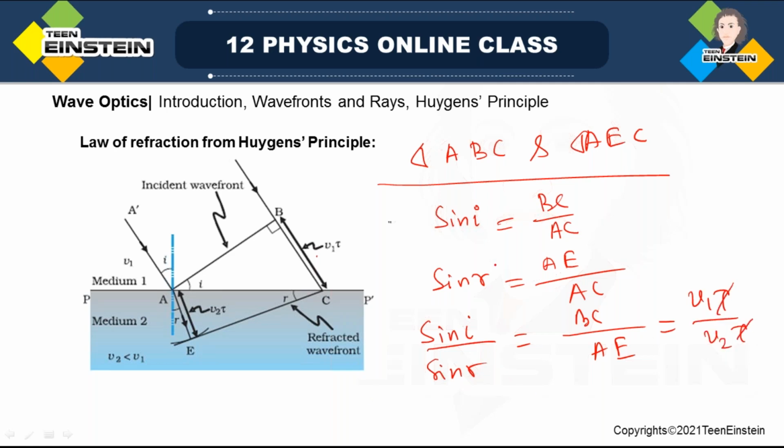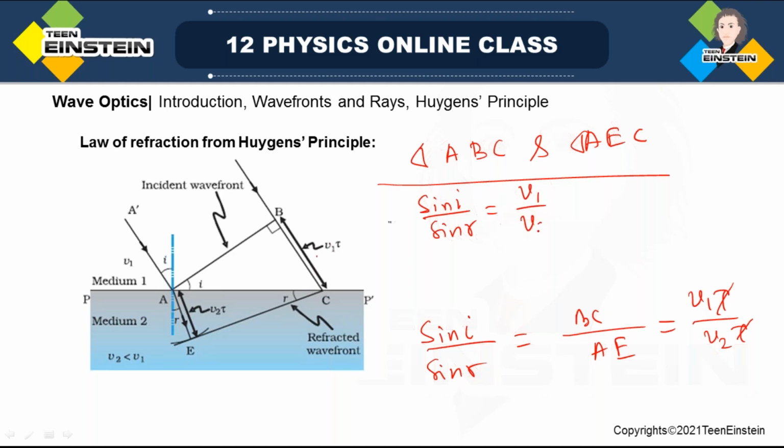So tau goes off, and what you get is sine i by sine r is equal to v1 by v2. Now look, what was written? v2 is less than v1. This I have to prove.